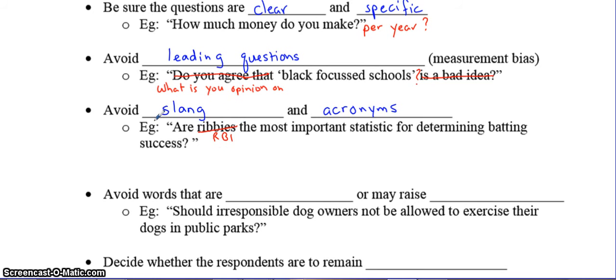So you would take out the slang. The problem is, RBIs is also an acronym. Some people may know what an RBI is, but some people may not. But if you change that to what it stands for, which is runs batted in, it increases the chances that people know what you're talking about.